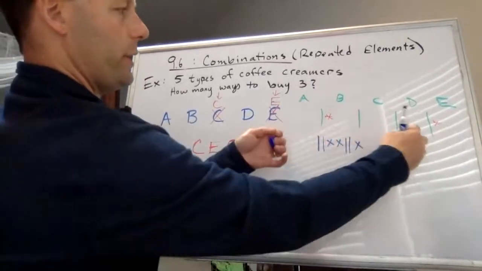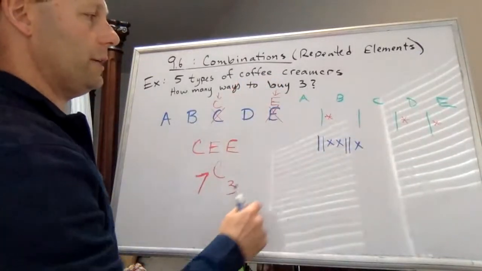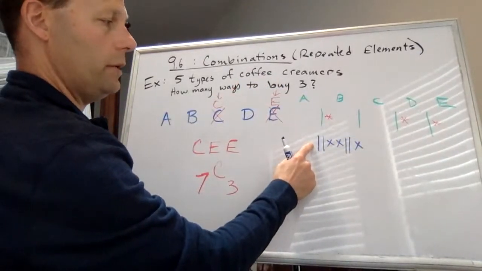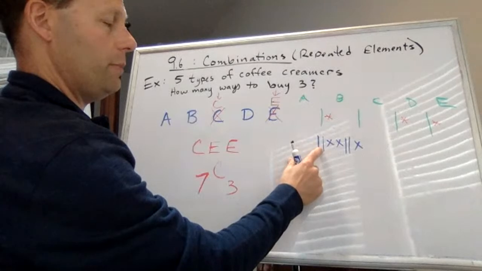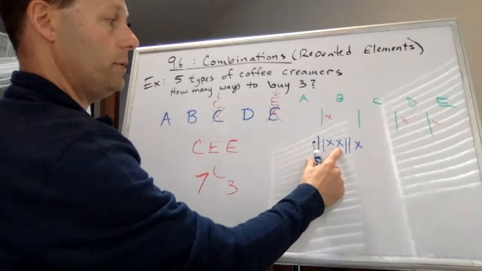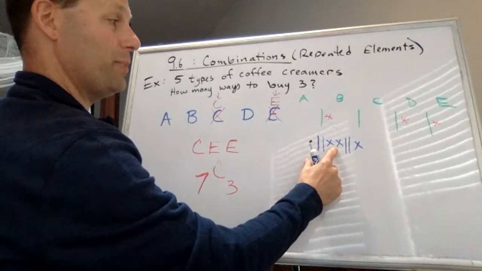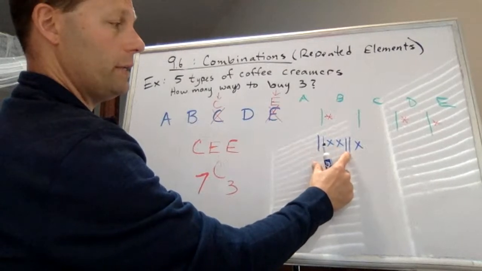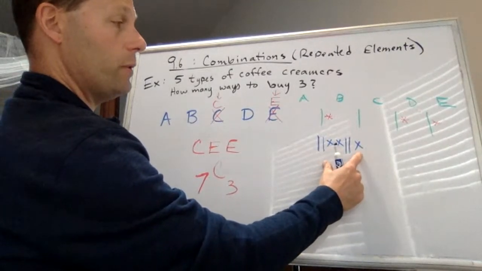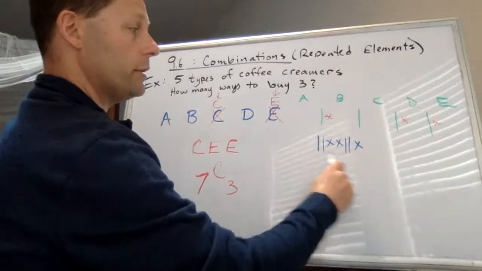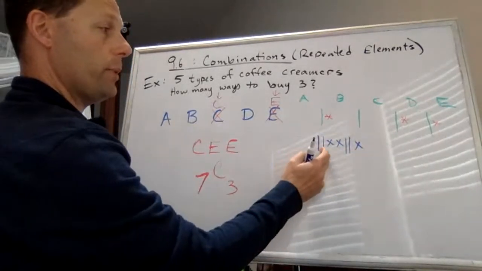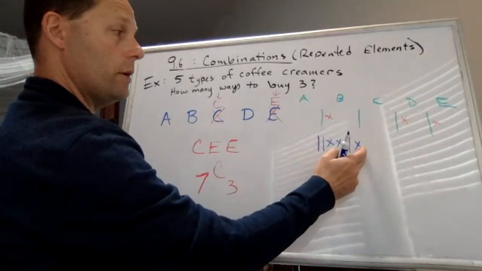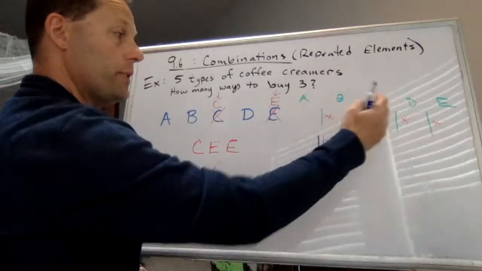And now if I spread it out and make it look like this, what this actually means is I'm not going to buy any A's. I'm not going to buy any B's. I'm going to buy 2 C's because every star represents a purchase. I'm not going to buy any D's. That's between those 2 bars. And I'm going to buy 1 E. Well, that is a unique code, that bar, bar, star, star, bar, bar, star, that represents a particular purchase.